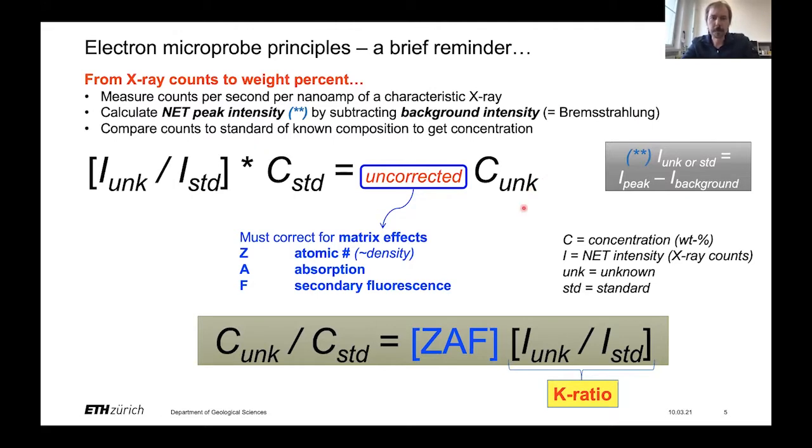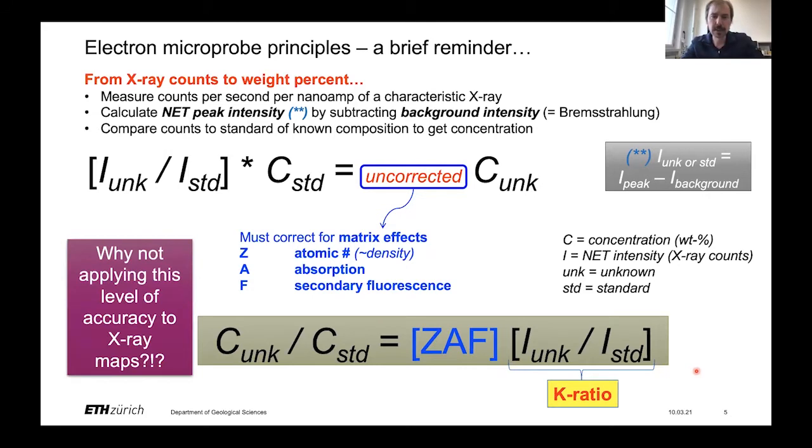It's only approximate because you have all these factors, the famous ZAF factors, which are regrouped under this so-called matrix correction. So I will not go into detail about the matrix correction, but this is, down here, the equation that we use to quantify a single point analysis on the microprobe. And so we will basically use this approach to quantify every single pixel of an element map.